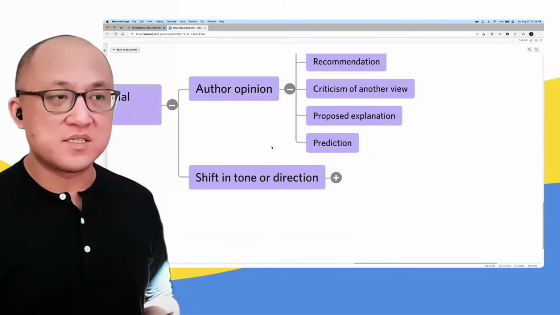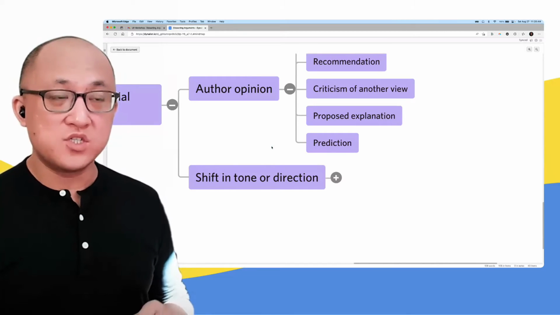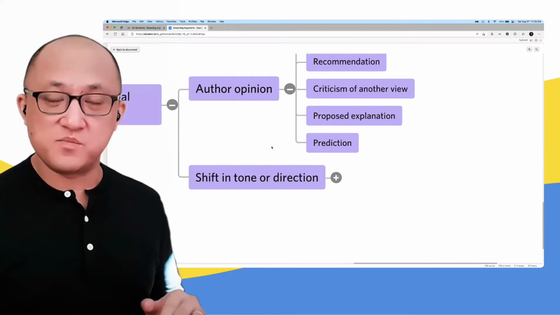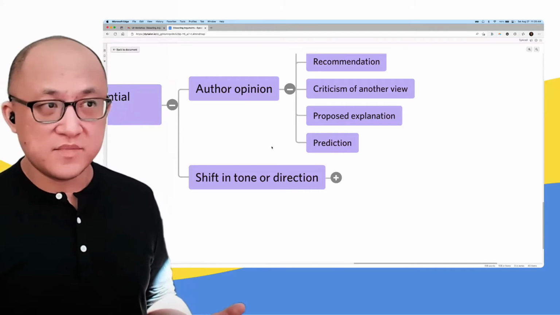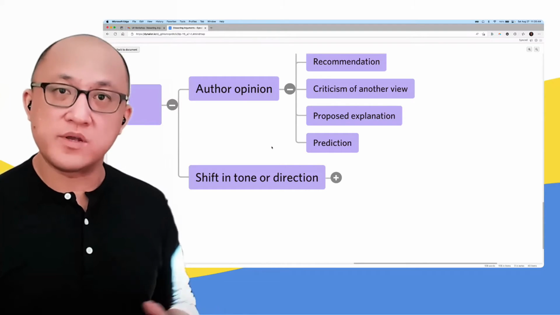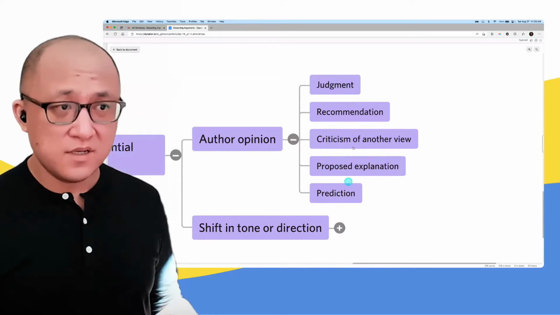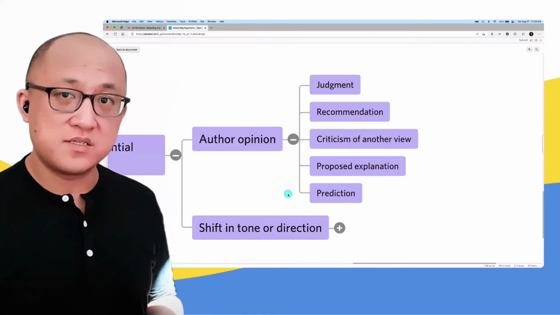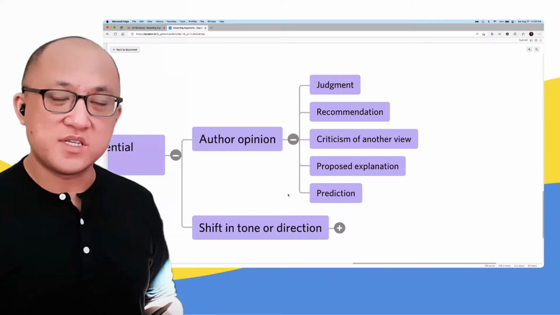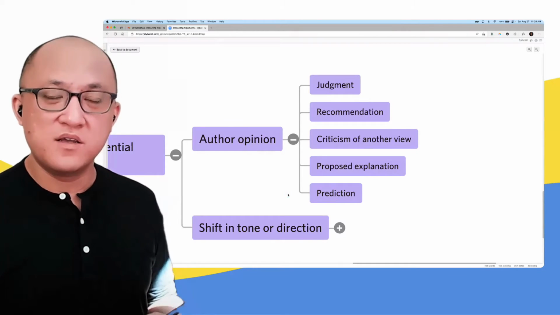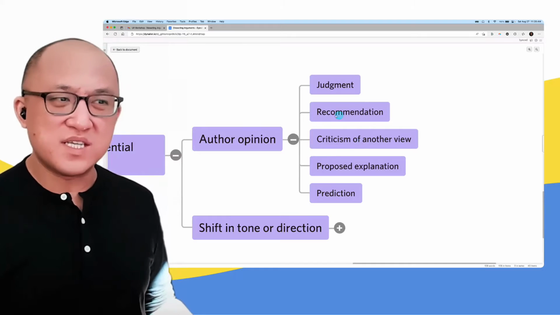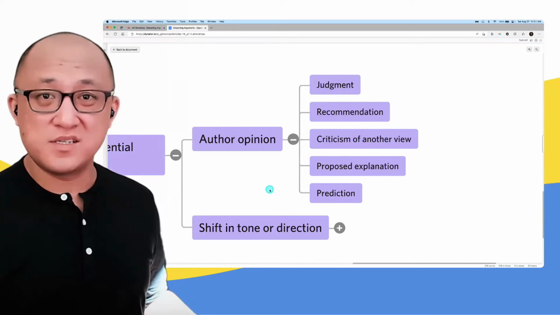Predictions. Those are often conclusions as well. When the author says, I think the new strategy for our widget business will fail. That's a prediction about what's going to happen. Very often a conclusion. How do you actually confirm that these are conclusions if you spot this in the stimulus? Can anyone tell me, how do you actually confirm that it is a conclusion? So you see a judgment.